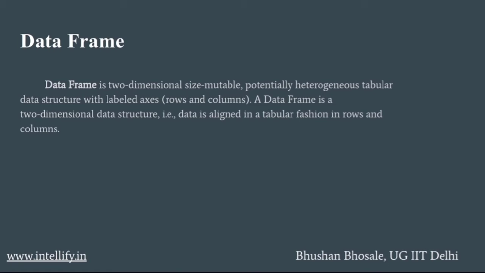Or in simple words, a data frame is a two-dimensional data structure, that is data is aligned in a tabular fashion in rows and columns. A data frame is nothing but a tabular representation of data. I hope this definition is clear to you all.